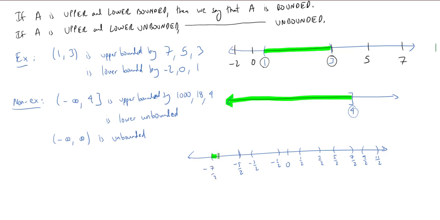I put these all together, and they're going to keep going forever and ever, on and on in both directions. So I don't contain all of the real numbers, but it's definitely unbounded. In both directions, I can get as large as I like or as small as I like. So these are some examples of bounded and unbounded sets.